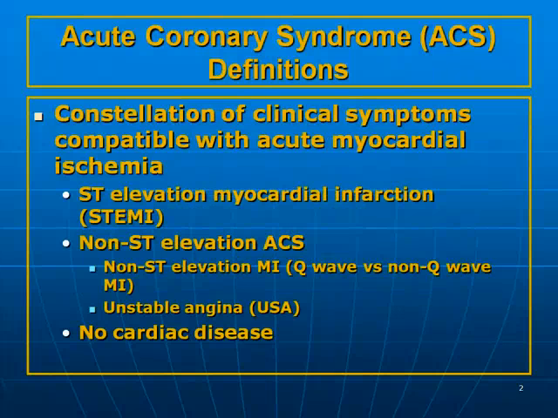This is a nomenclature that has been in use for probably a dozen years now. We used to just talk about patients having acute MI or unstable angina, but the nomenclature has gotten a bit more sophisticated. And basically acute coronary syndrome is a constellation of clinical symptoms that are consistent or compatible with acute myocardial ischemia.